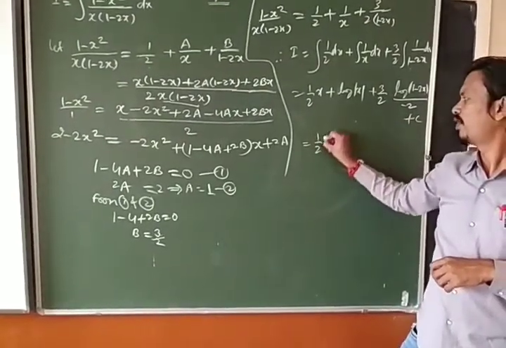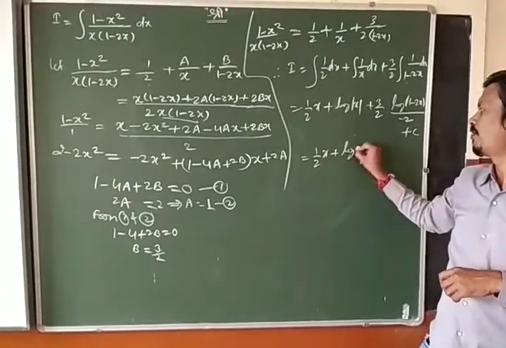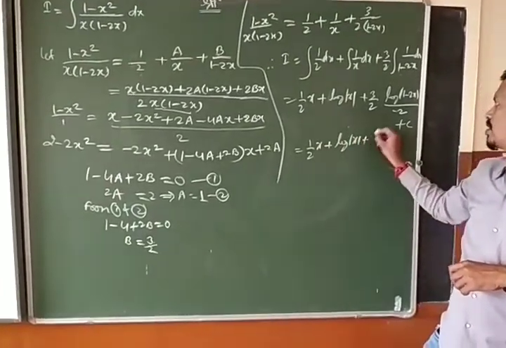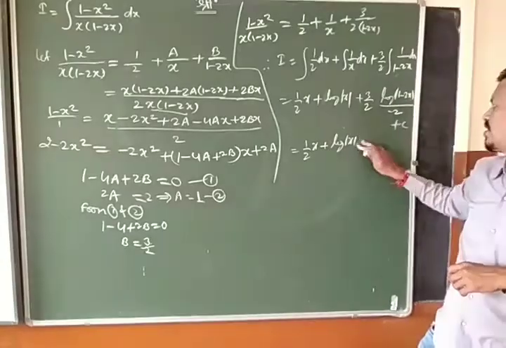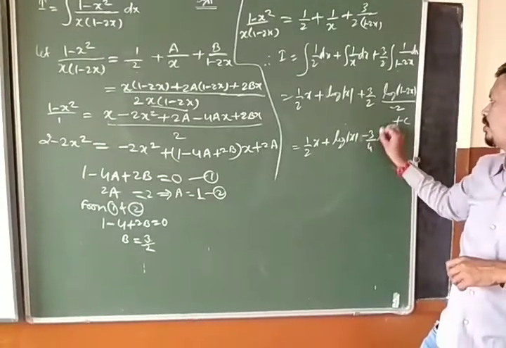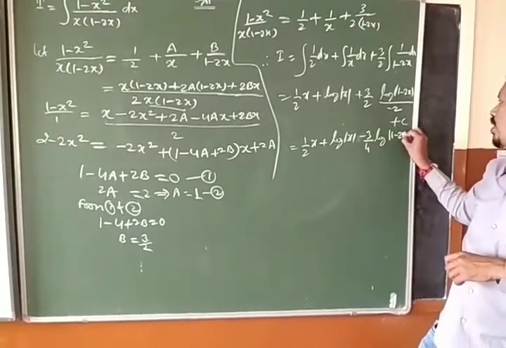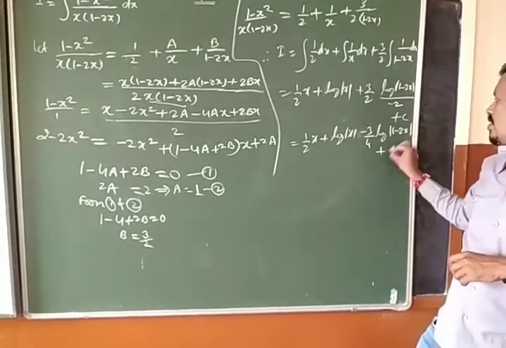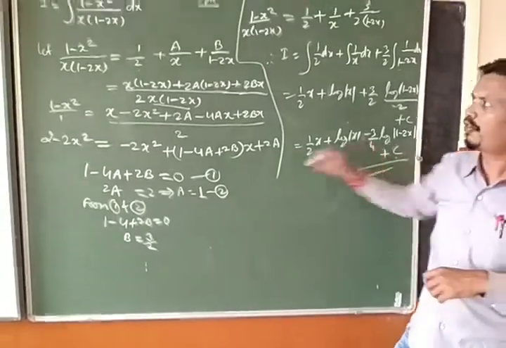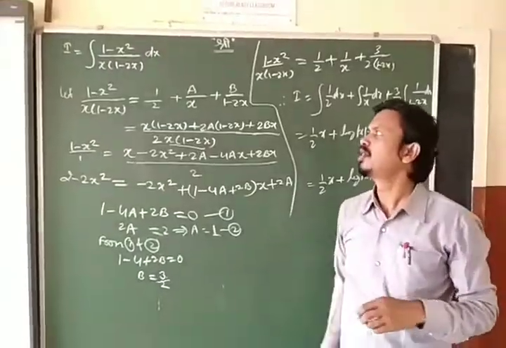So it is half times x plus log of x plus 3 by 2 into minus 2, which is minus 3 by 4, log of 1 minus 2x plus c. This is the integration of 1 minus x square upon x into 1 minus 2x.